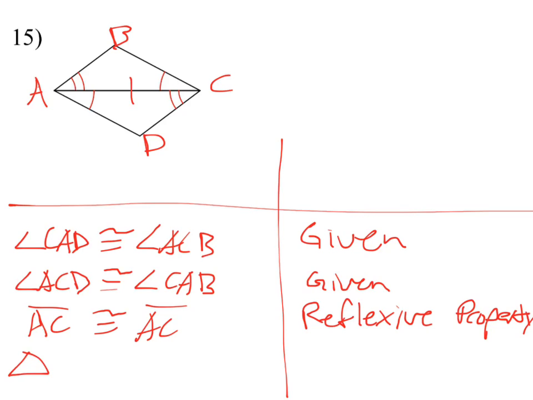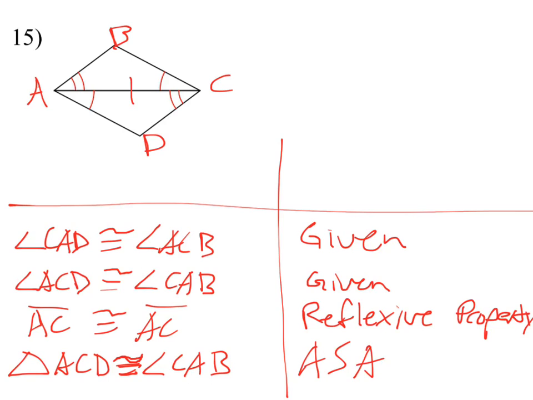And finally, we have two triangles that are congruent. Triangles ACD being congruent to triangle CAB. There we go. And that's by angle, side, angle.